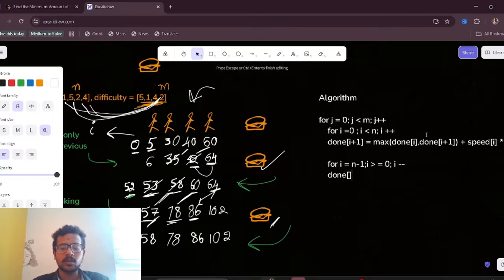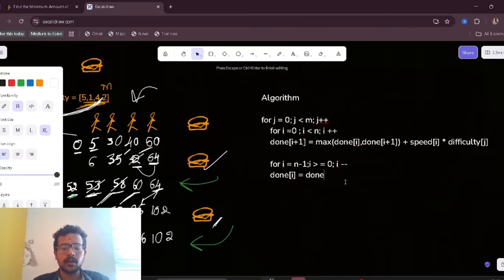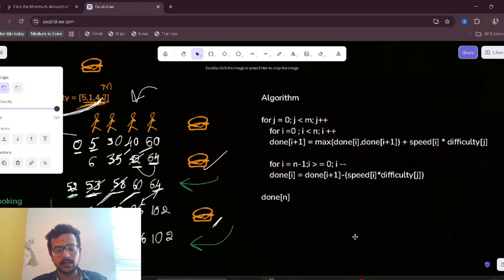Now done of i would be done of i plus 1 minus speed of i into difficulty of j. So after that done of n is written at the last.